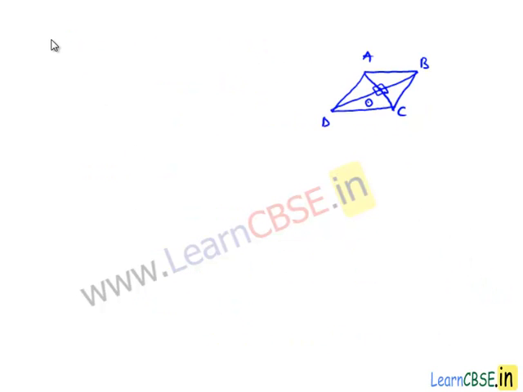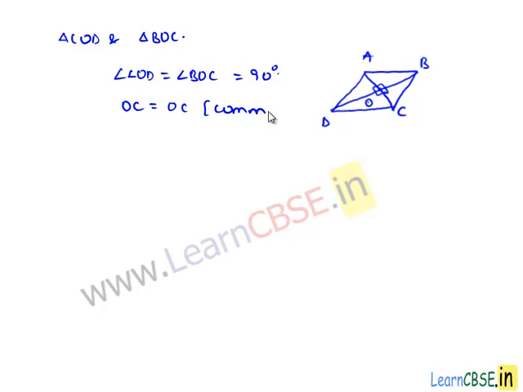Now let us consider triangle COD and triangle BOC. In this, angle COD is equal to angle BOC is equal to 90 degrees and OC is equal to OC since it is a common side for both the triangles, and BO will be equal to DO as AC bisects BD perpendicularly.